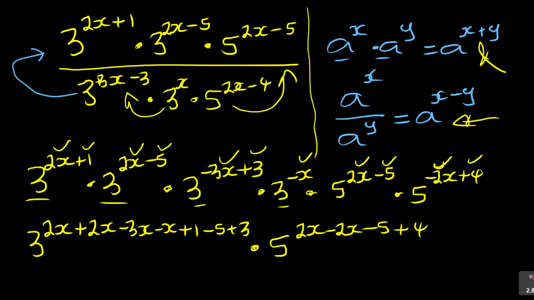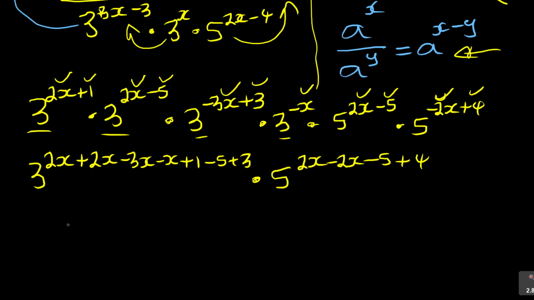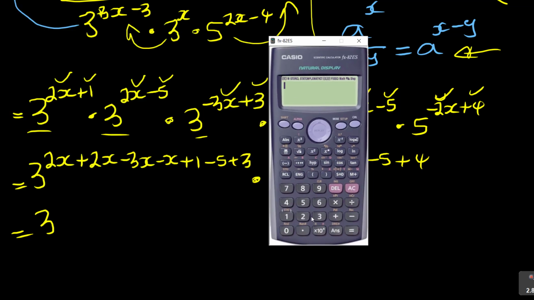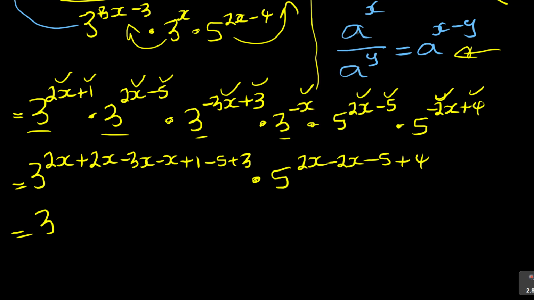You can use a pencil and then you erase that. Then, all this is equal to, now 2x plus 2x, guys, it's 4x. You can use a calculator actually here, so that you just simplify things. You simply say 2 plus 2 minus 3 minus 1 is what? 0. You see?